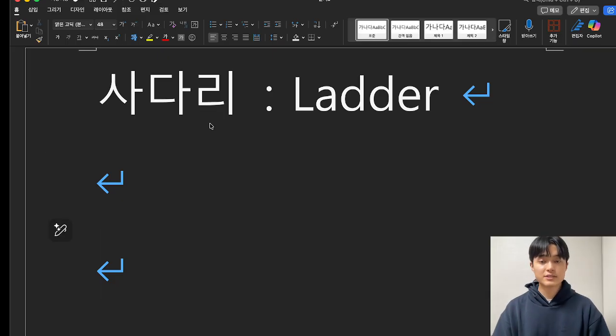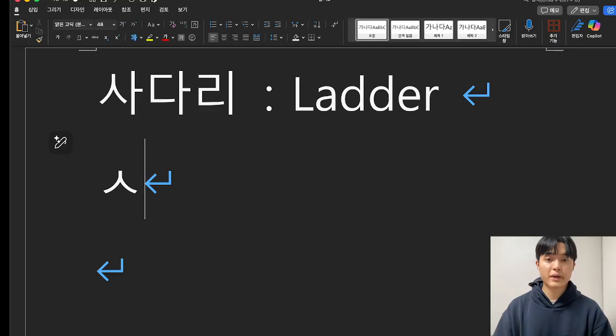Yes, so like this, you can pronounce any other words that do not have an ending consonant, because we didn't learn it yet. But after we learn the ending consonant sounds, basically you can pronounce any Korean words or sentences.